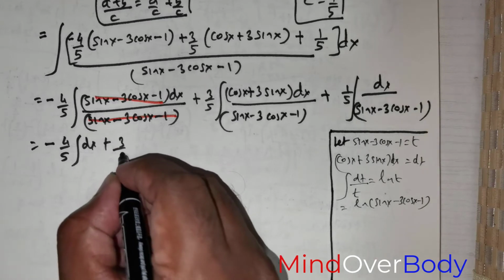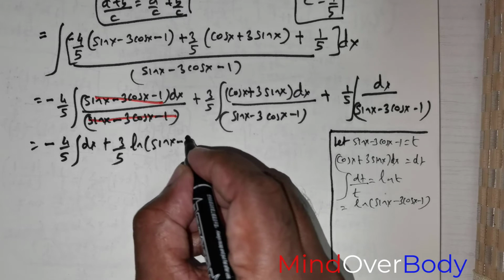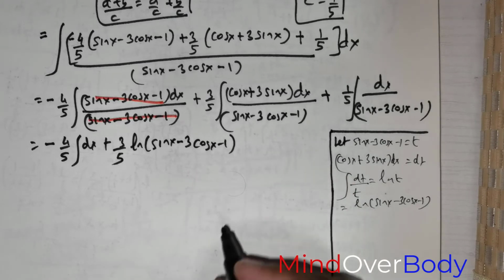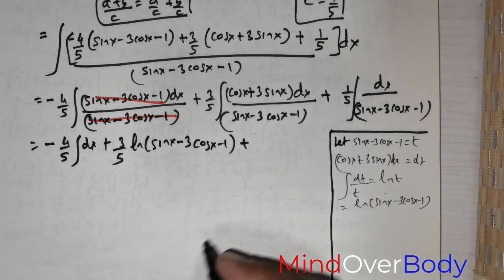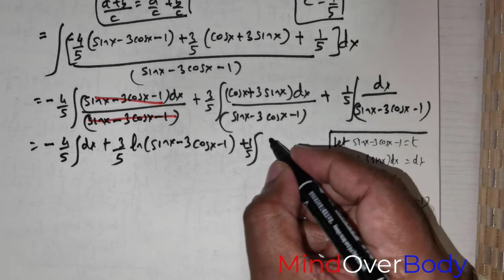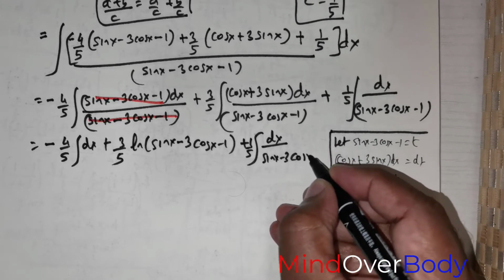So with 3 over 5 times ln of sine x negative 3 times cos x negative 1 positive. Now we will have to integrate 1 over 5 times dx over sine x negative 3 times cos x negative 1.